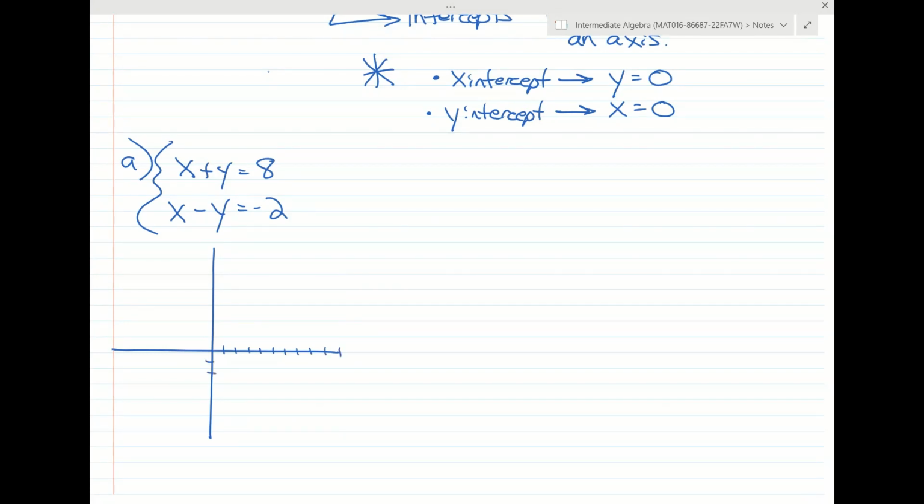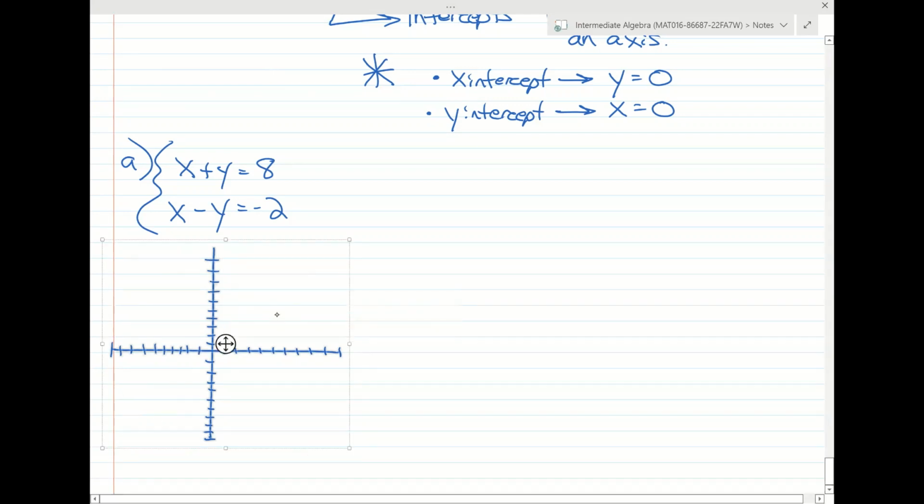I'm going to go 10 units in each direction, and then I'm going to graph by finding the x and y intercepts.